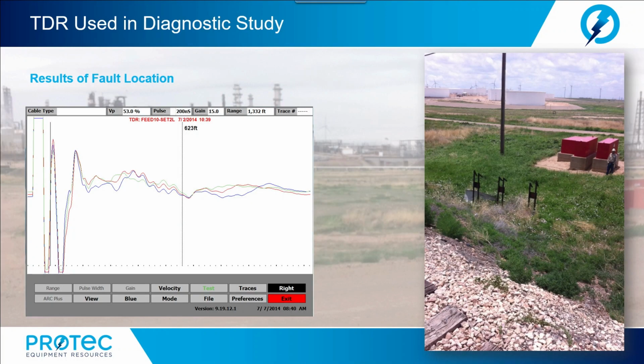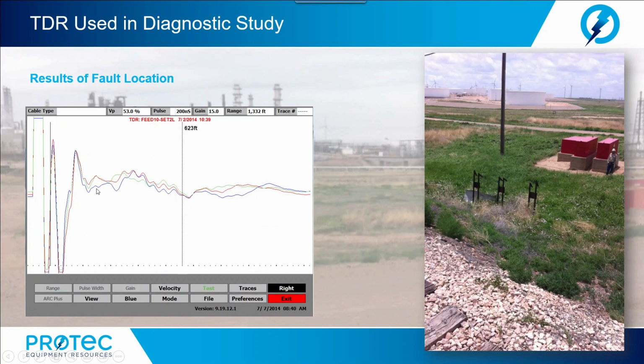Now, here is where we use time domain reflectometry. One, we wanted to locate the failure on the C phase conductor, and we also wanted to get an idea of what the contamination was and where it was in the cable. The waveforms that we captured were relatively complex in nature.